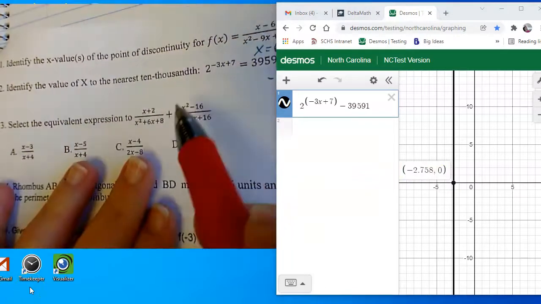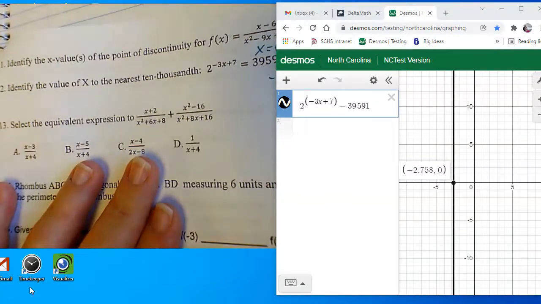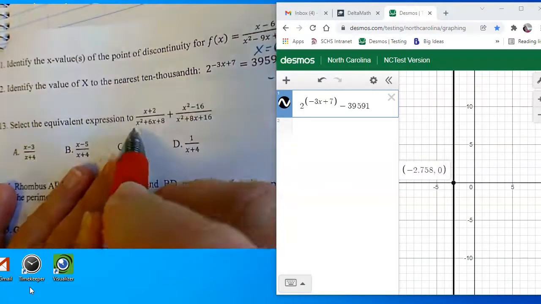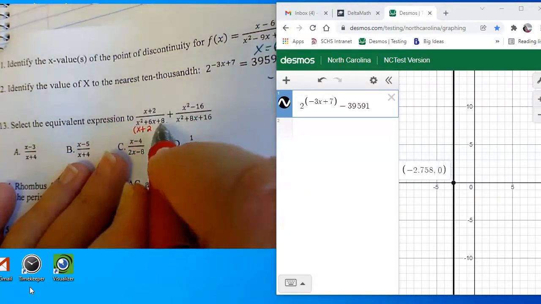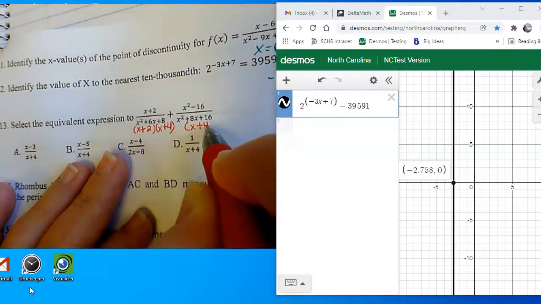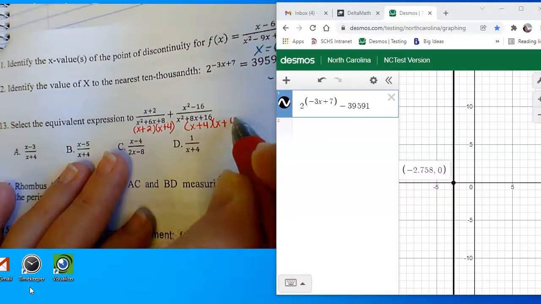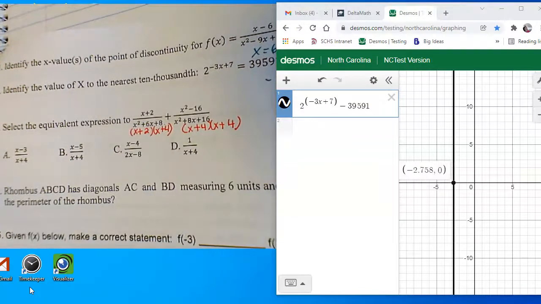Okay, so whenever you're adding rationals together, you need to get a common denominator. But for me to get a common denominator, I really need to factor here. So this is going to be a 2 and a 4 that will multiply to give me 8 and add to give me 6. This is going to be x plus 4, x plus 4, because 4 times 4 is 16, and also adds to give me 8.